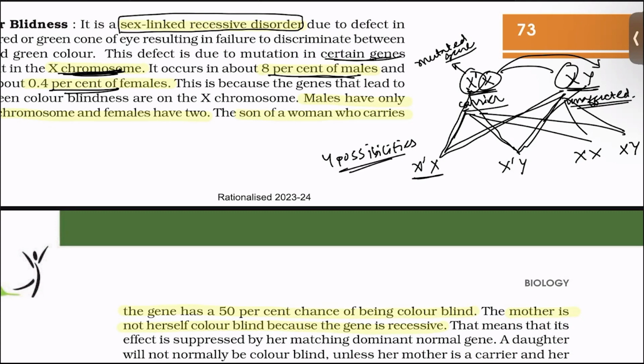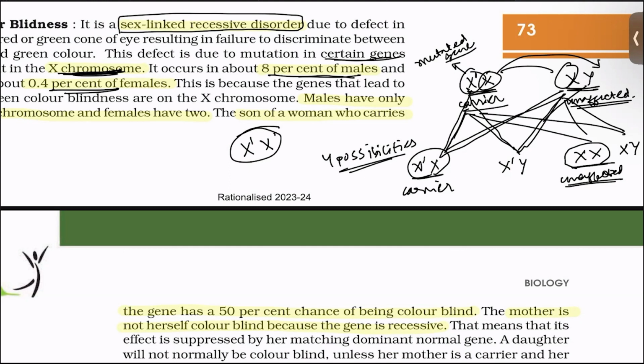Among the female children, one will be a carrier and she is unaffected. For a female to be affected, we need both of the X chromosomes to be mutated, both of them should be X dash. Unless this happens, a female will never be colorblind.